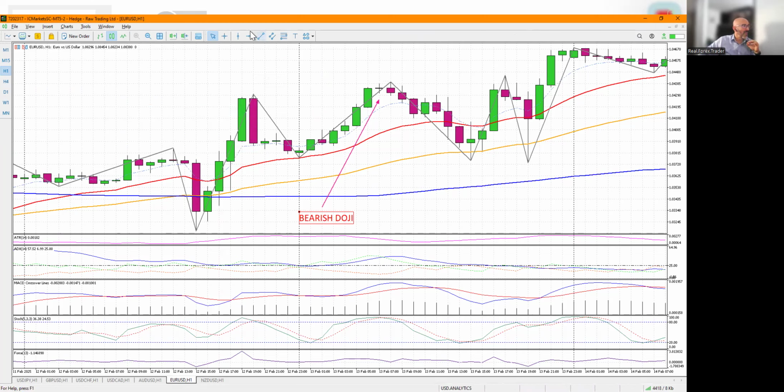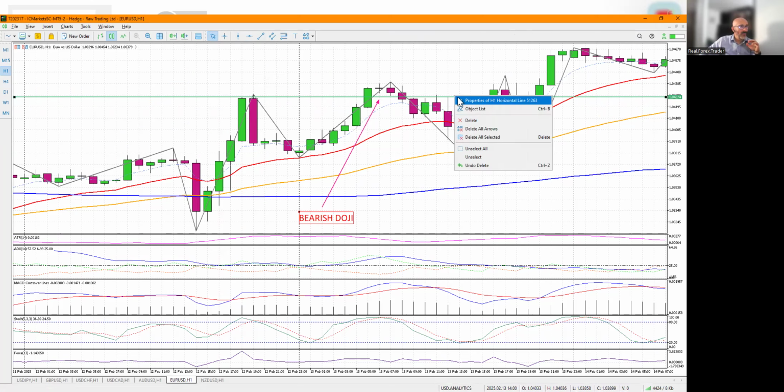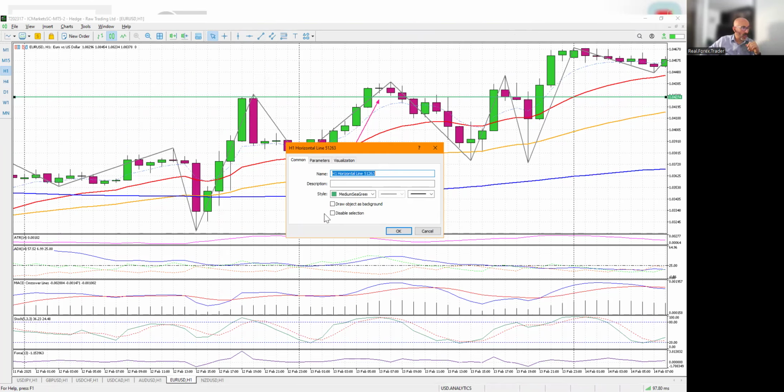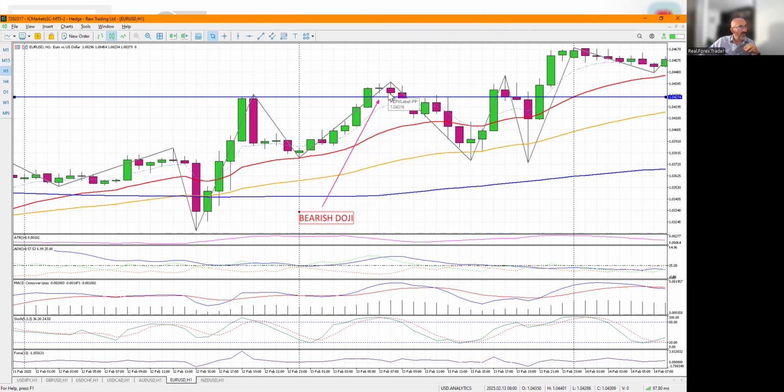For example, I just waited for this bear candle to close and engulf, right? In this case, it's evident that it engulfed the Doji Star. So let's suppose that my entry point is going to be here.